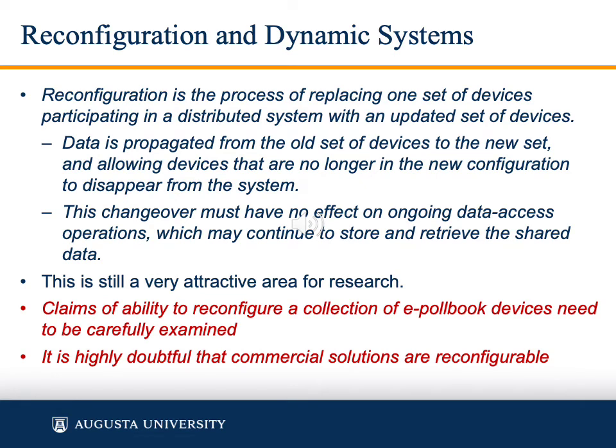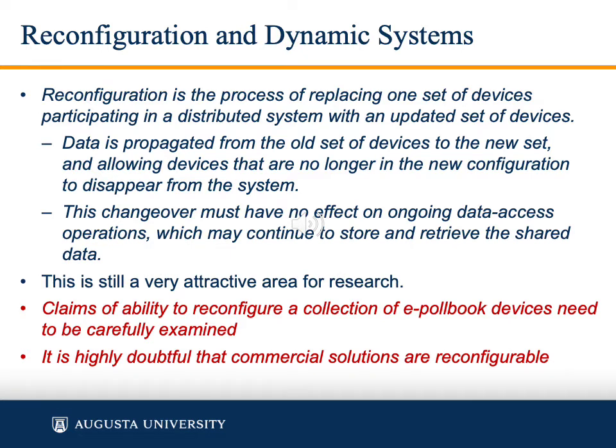The requirements for electronic pollbooks imply that these systems must not only be distributed, they also need to be dynamic. One of the reasons for advocating electronic pollbooks is that these systems will be able to reduce voter wait time when the voter turnout is high. This can be accomplished by introducing fresh check-in devices when the lines are long.